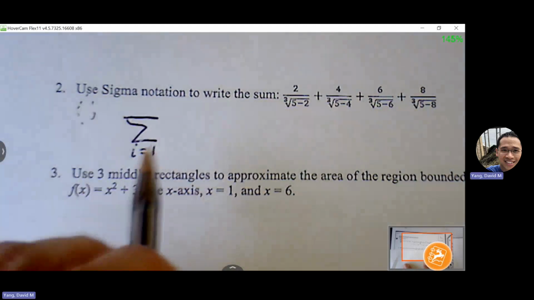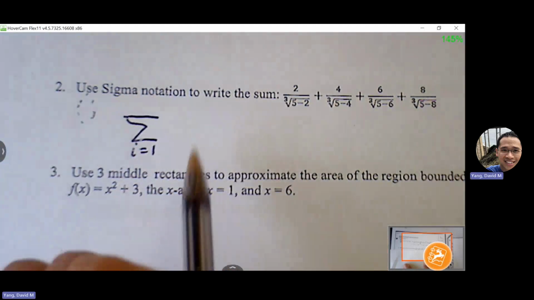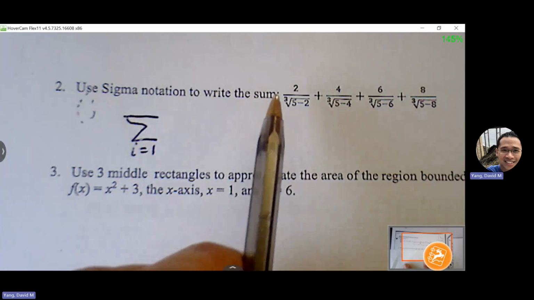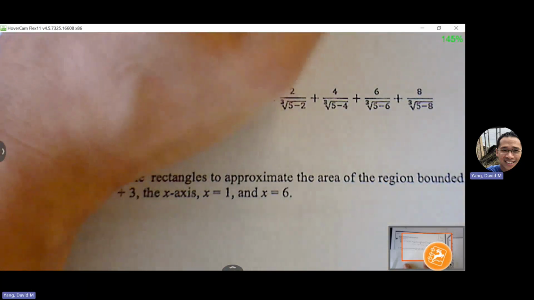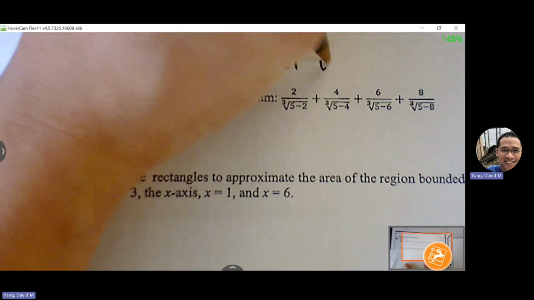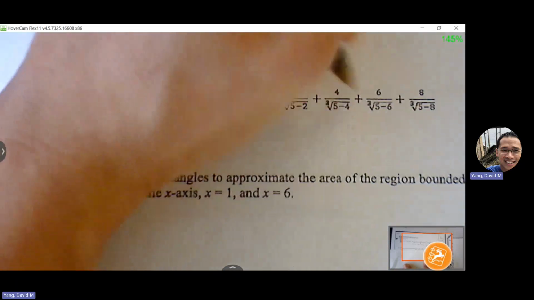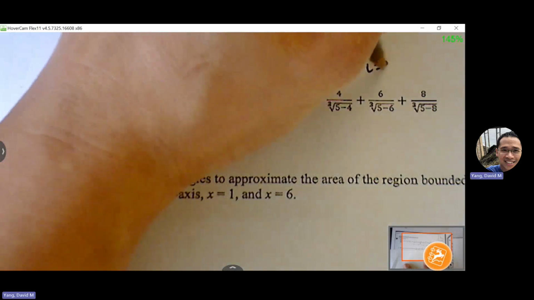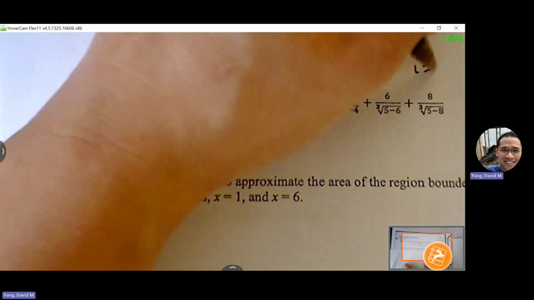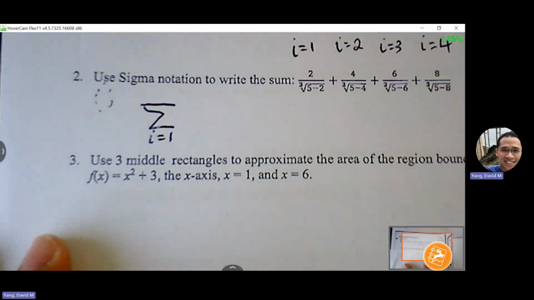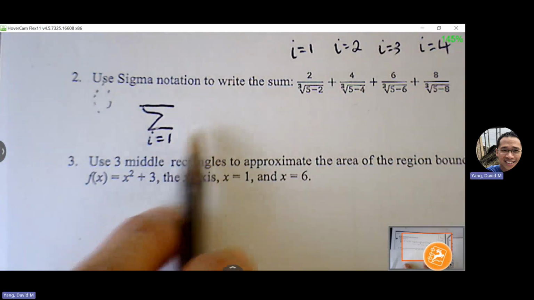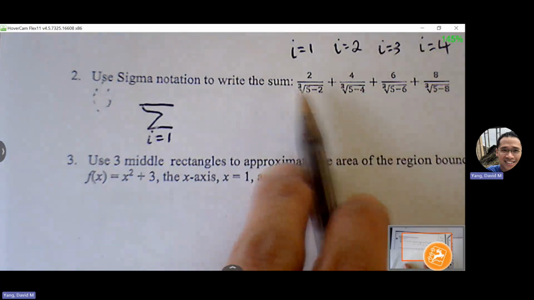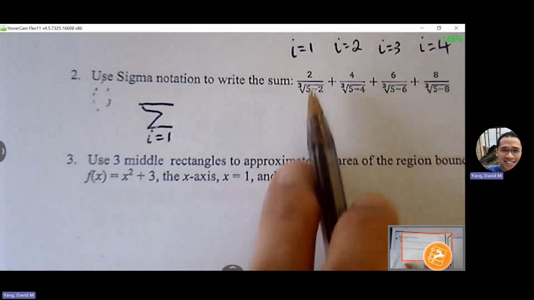Okay, so we want to be able to plug 1 into some expression that will produce this term. So we hope that if I plug i equals 1 into this expression, I can get this one. And then when i equals 2 gets inserted into the expression, I'll get this. i equals 3 will produce this, and i equals 4 will produce this. So I like to start off by copying down the parts that are not changing, because if it's not changing, then we know it's going to show up in every term.